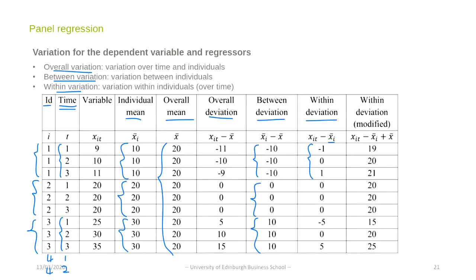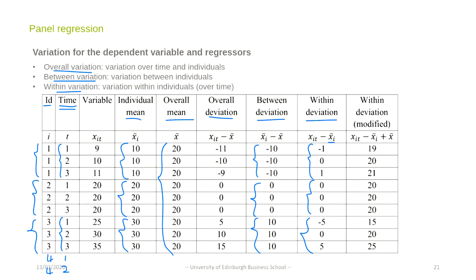So from time 1, 2, and 3, this guy's value is increasing, from -1 to 0 to 1, so the difference from the average is getting from negative to positive. For this person, basically all the same. And for person number 3, it's getting better and better.